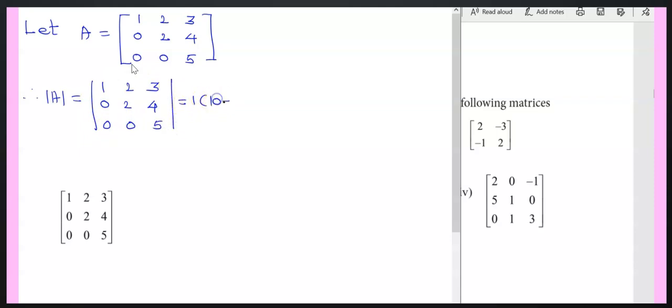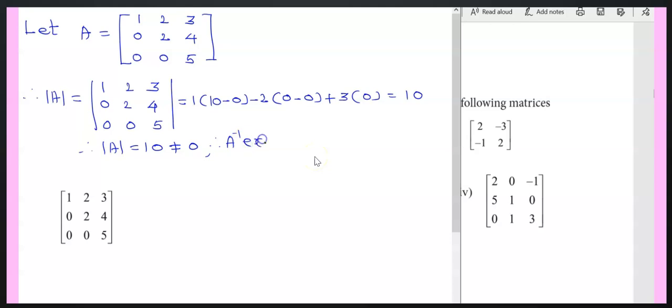That is 1 times (10 minus 4) minus 2 times 0, plus 3 times 0. Overall it is 10. Determinant of A, 10, is not equal to 0. A inverse exists.